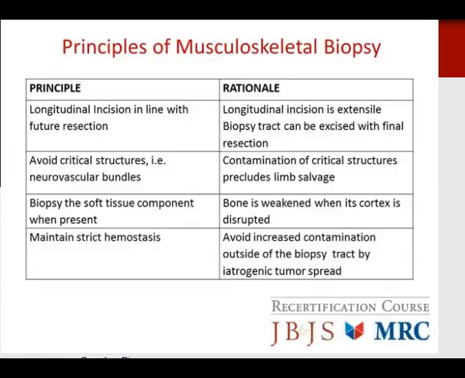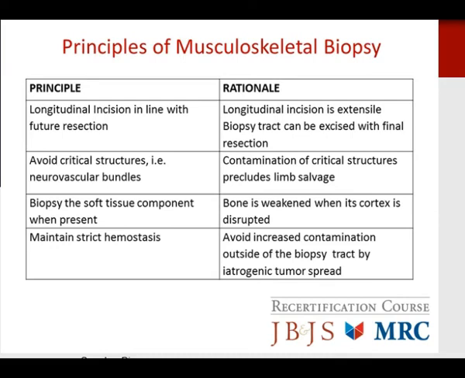The principles of biopsy are these: a longitudinal incision in line with a future resection. This is important because at the time of definitive surgical excision, the biopsy tract is going to be removed. A horizontal biopsy changes the way a surgical incision is made. It can change soft tissue flaps and create infections and unnecessary surgery.